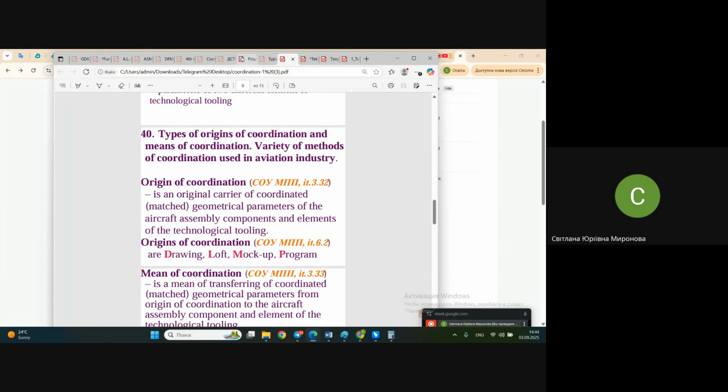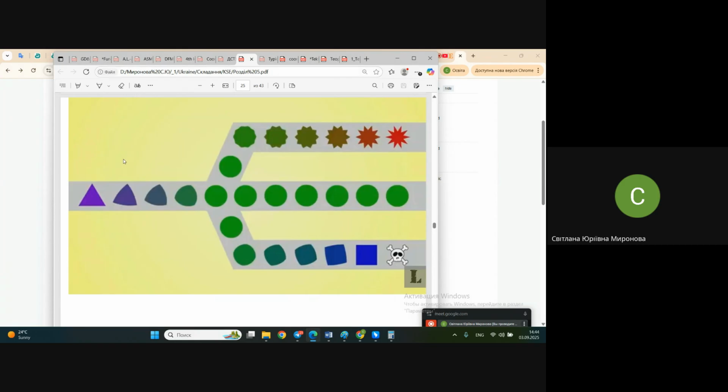If I come back to this dreadful picture, origin of coordination actually is here, where these branches start separating onto different sides. That is the so-called origin of coordination. But you see, it's preceded with one more thing. This one more thing is origin of information. Origin of information. Next, we have the so-called origin of coordination.